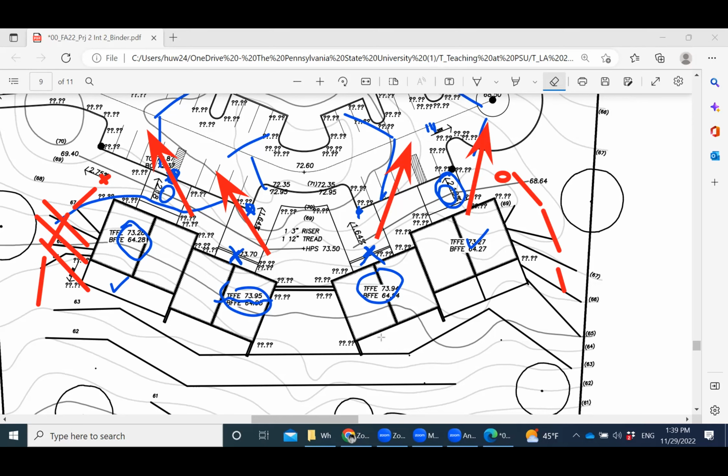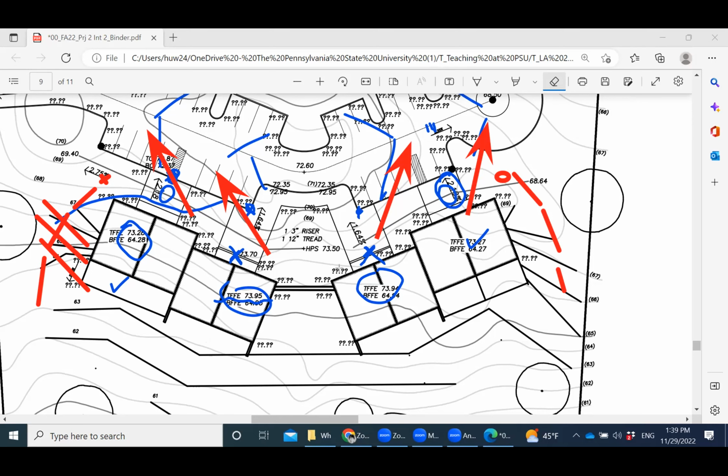But if you don't have the contours drafted in front of your apartments, you wouldn't know where to start that swale anyway. That makes sense?